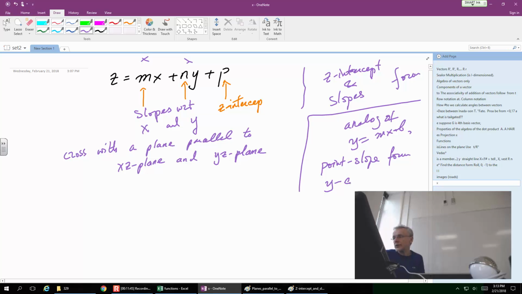Y minus, say, b is equal to m times x minus a. Anybody remembers? So it passes through the point (a, b), and it still has the slope m. Naturally, the slope is still the same. No matter how you put it, the slope will appear in the exact same way.